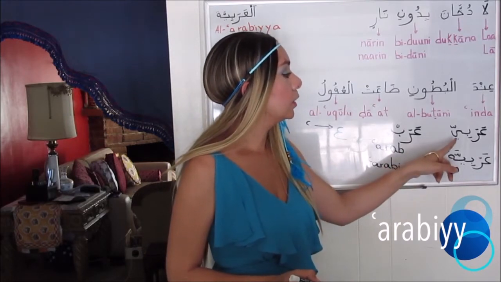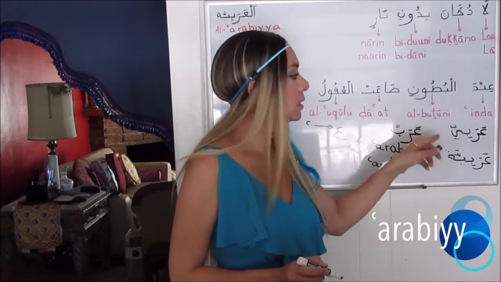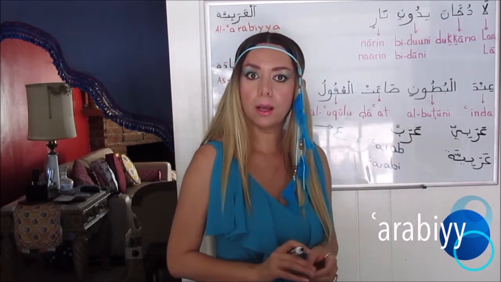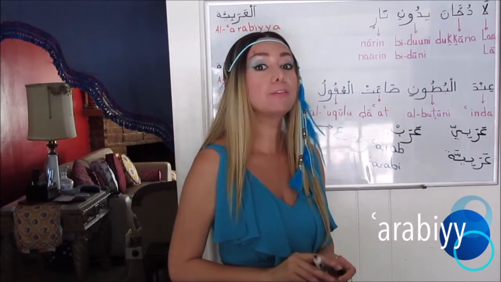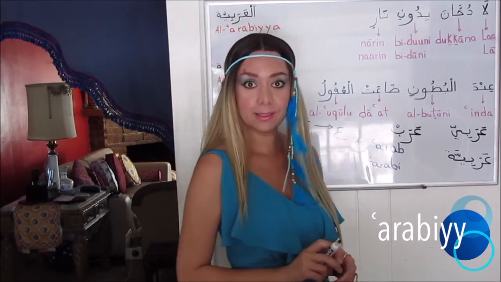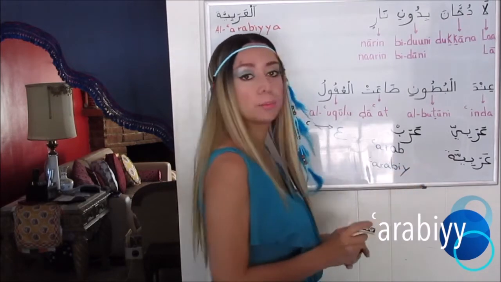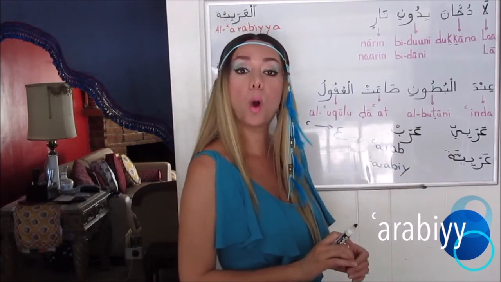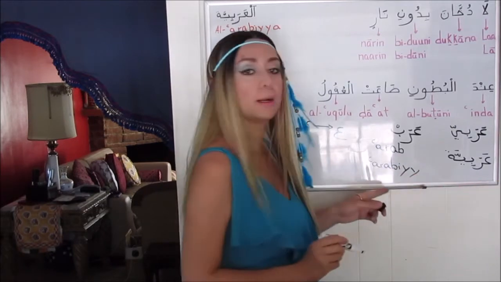And here we have an emphasis sign seated on top of the ya, which means we have double consonants. We have two yas. So we have ya is represented by an English Y. So we have a ya and another ya. Arabi.